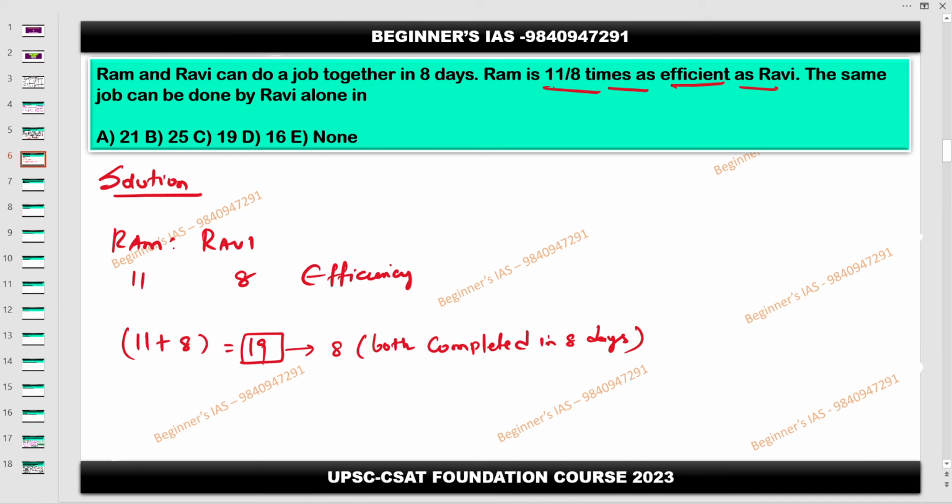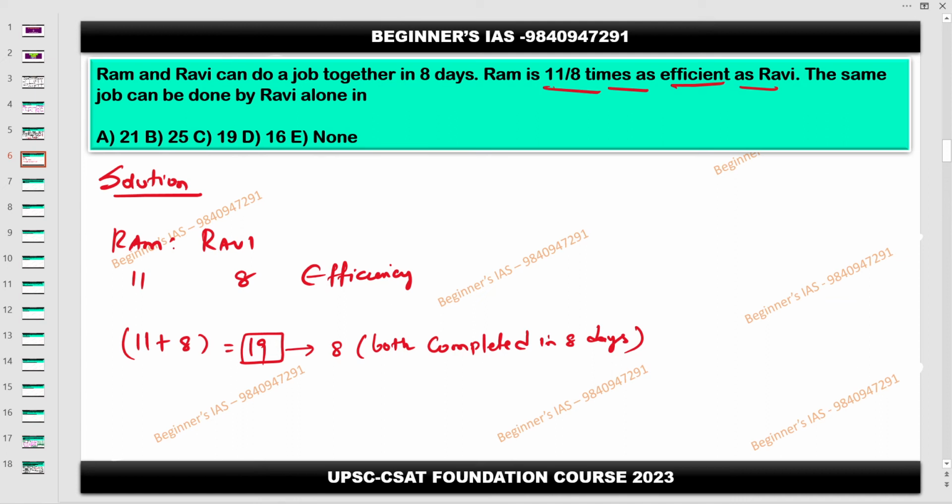Ram has the capacity of making 11 and Ravi has the capacity of 8. If they work together, they can make 19 objects in 8 days. That is the question here.